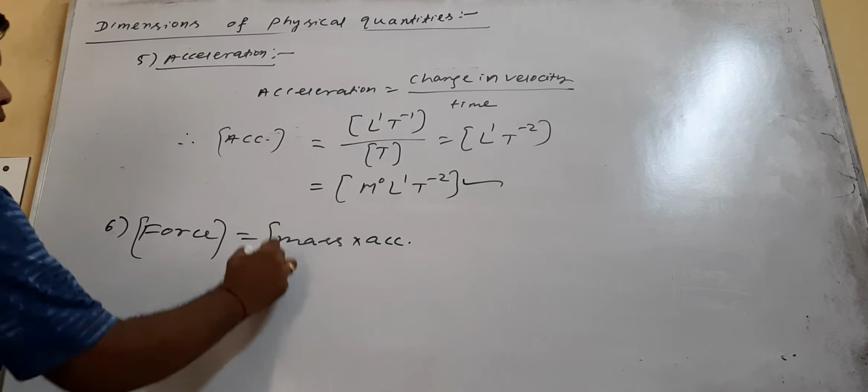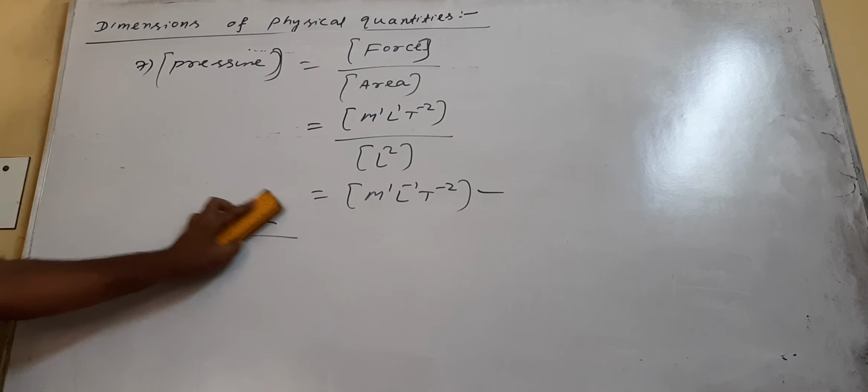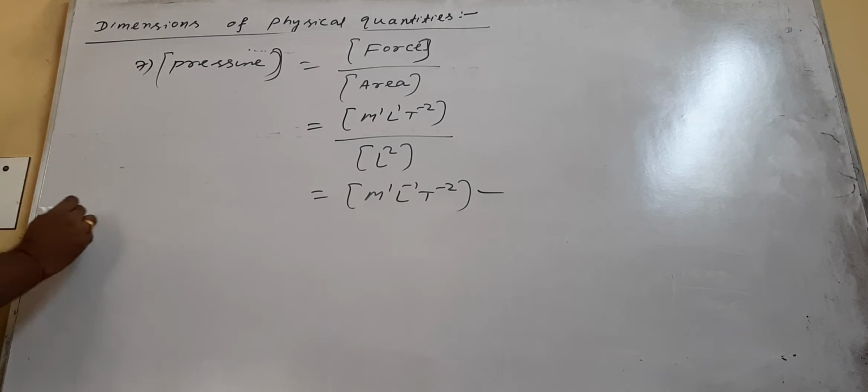Force dimension is what you just obtained, M1 L1 T minus 2, divided by area, that is L2. So that is M1 L minus 1 T minus 2. It is the dimensional formula, and the dimensions are 1, minus 1, minus 2 in terms of mass, length and time respectively.